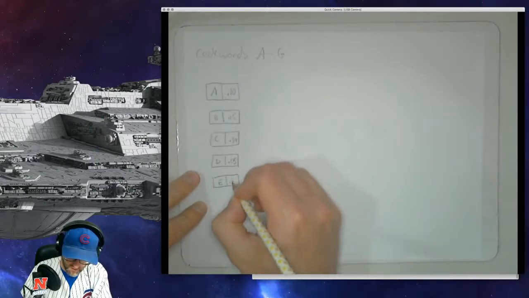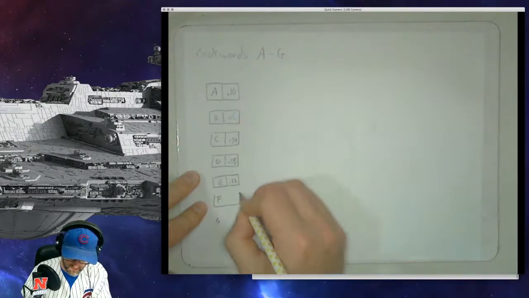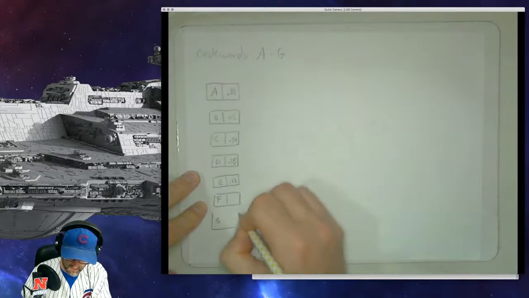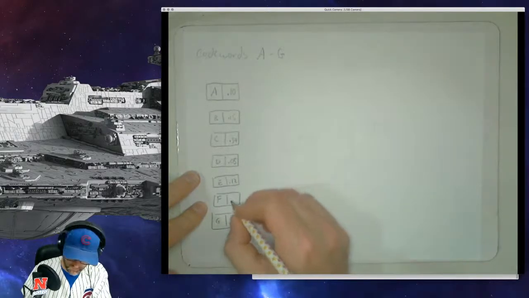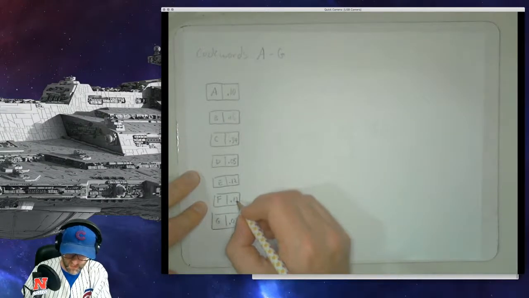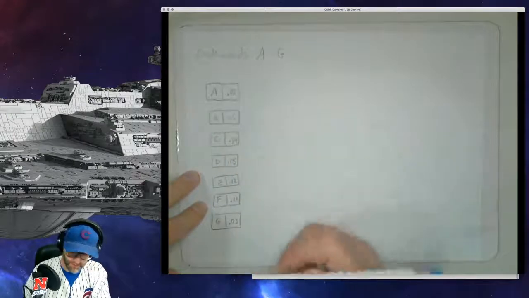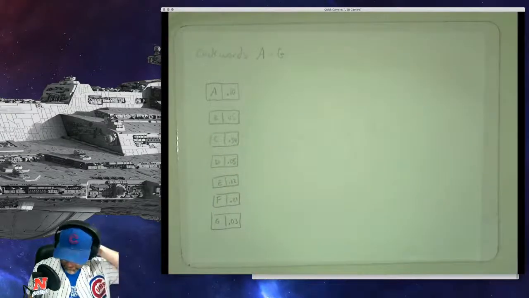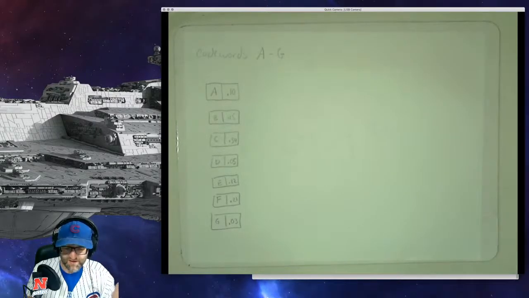So E's are 12%, F and G's are 0.21 or 21% and 3%, respectively. So here's a very simple input. I mean, you can think of all the English sentences that you can come up with that only represent these letters, right? But of course, we'll give you real English files as test cases for your assignment.